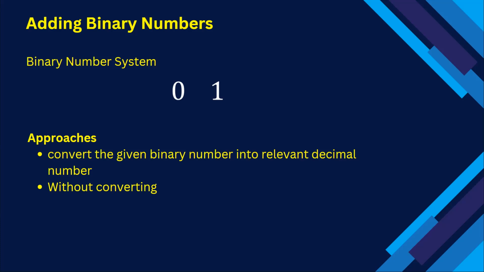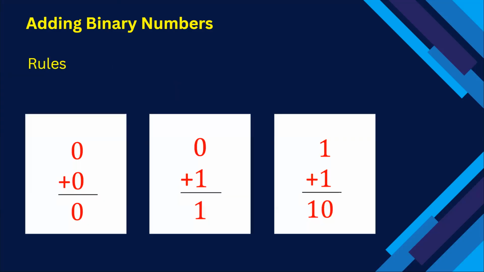So what you do is that you convert each of them into their relevant decimal form, and then you add those decimal numbers together, you get the result, and then you convert the decimal number back to the binary form. So this is the first approach. The second one is that you don't convert, and you've got those binary numbers and you just directly add them. So that's a more direct and short approach.